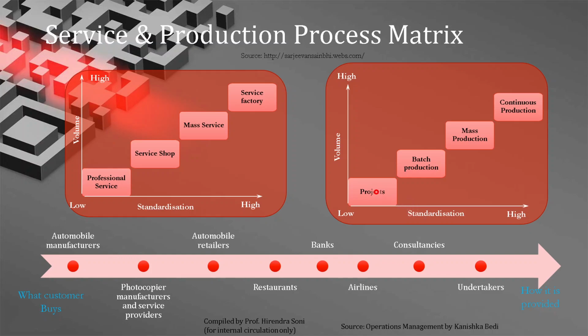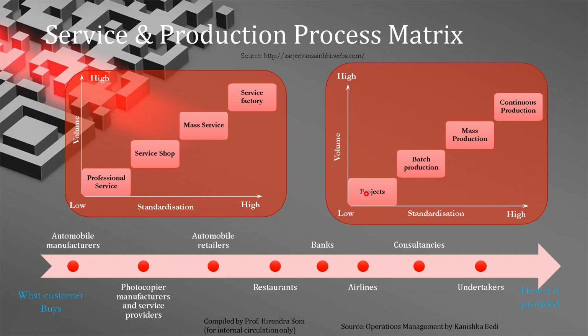When we look at products also, our processes can be looked at as projects or batch production or mass production or continuous production. When we talk about continuous production, your products would be quite standardized. Not only just your products, but also your processes would be very standardized. There will not be any flexibility, and in projects flexibility would be very high.